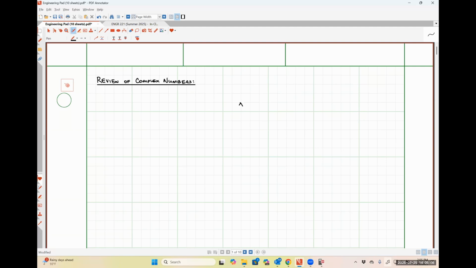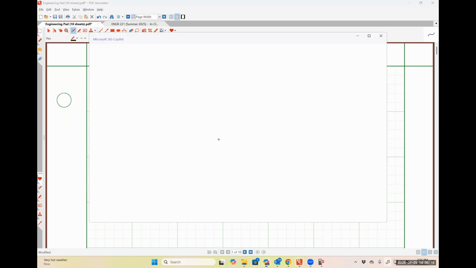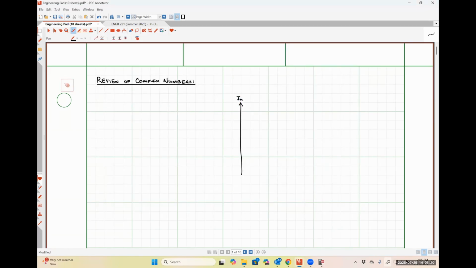Our vertical axis is going to be our imaginary axis, and our horizontal axis is going to be our real axis.